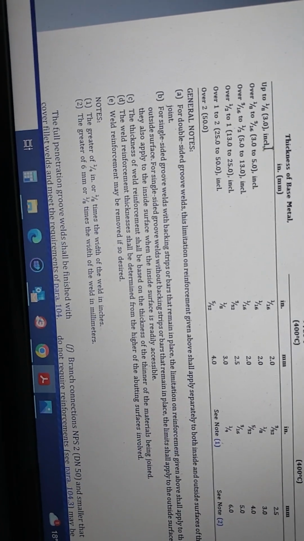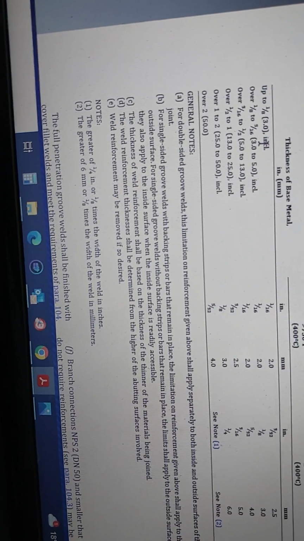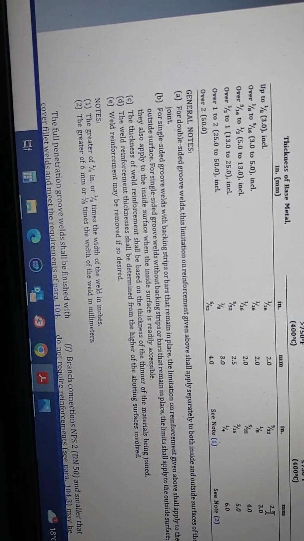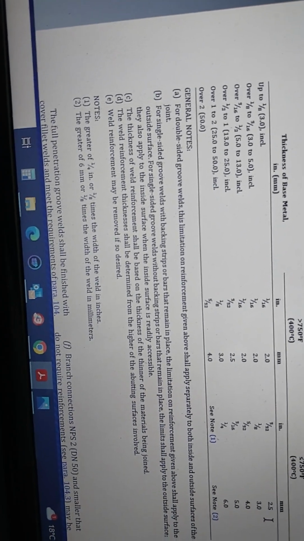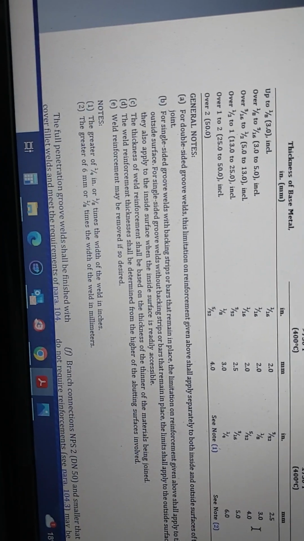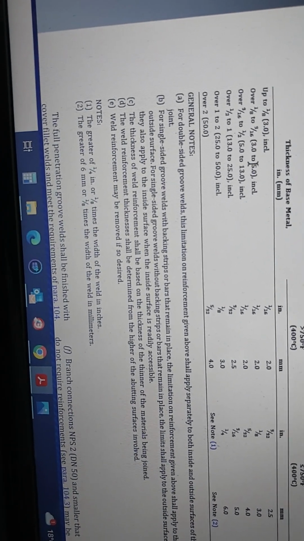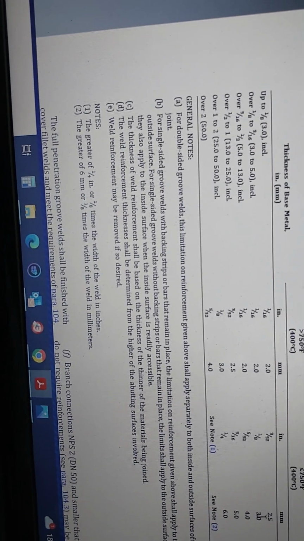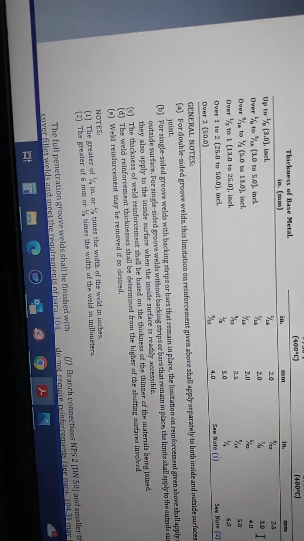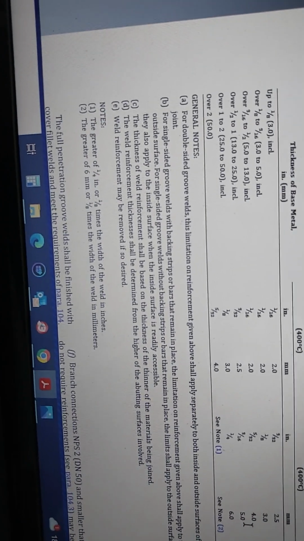Yes, up to 3 millimeter needs to be 2.5. For 3 to 5 millimeter, the maximum reinforcement is 3 millimeter.